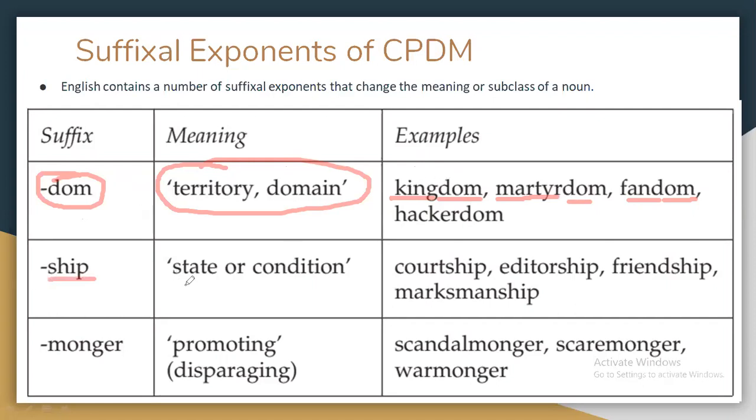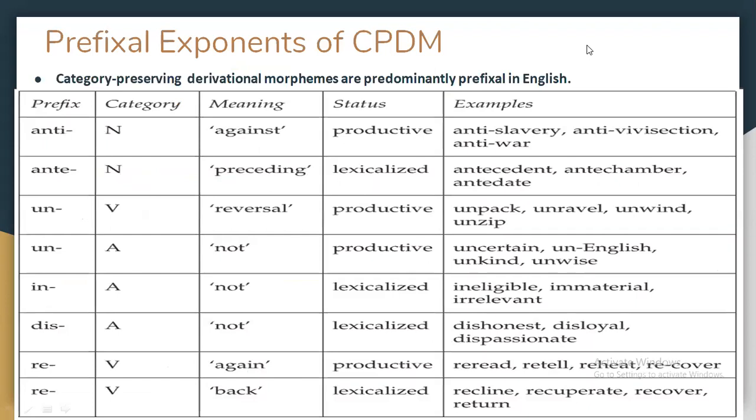And you can see ship, meaning state or condition, for example, editorship, friendship, and monger, for example, scandalmonger, scaremonger, warmonger, right? I will show you some more examples. Don't worry about the examples. I am saying that we can derive new words, and derivational morphology works in two ways: one, changing category, and next, preserving category, not changing category.